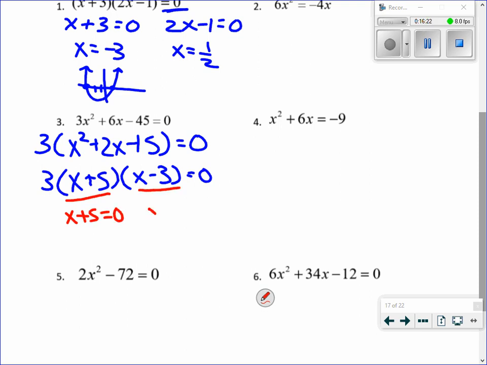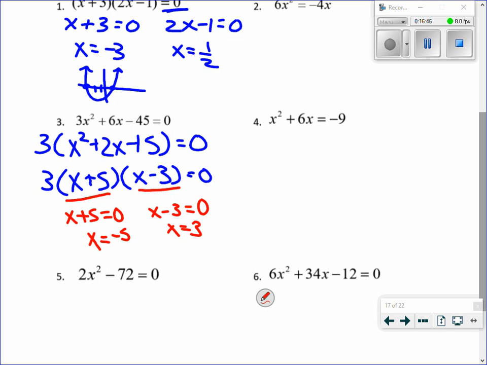And then my factor x minus 3, setting that equal to 0. So I know x should equal -5 and x should equal 3. Right, so why does the 3 not matter? It does not have an x with it for you to solve for.